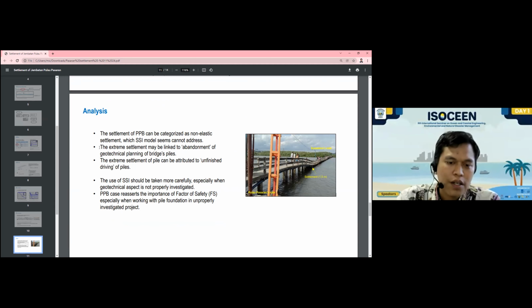And secondly, the extreme settlement may be linked to abandonment of geotechnical planning of the bridge piles and can be attributed to unfinished driving of piles. So when the additional load comes from the vehicles acting on the deck of the bridge, this kind of extreme settlement occurred.